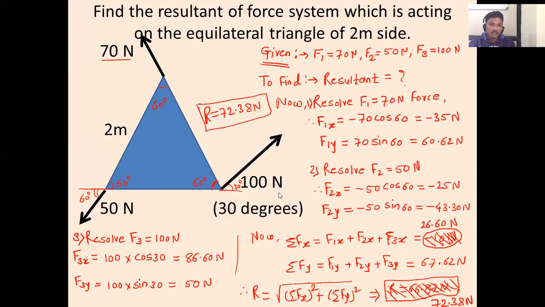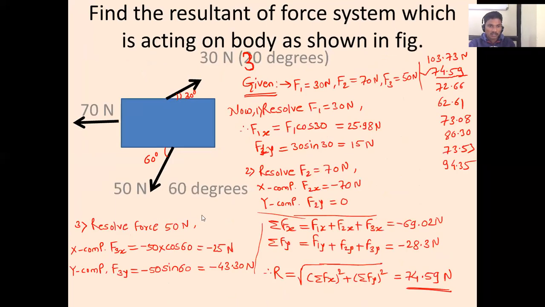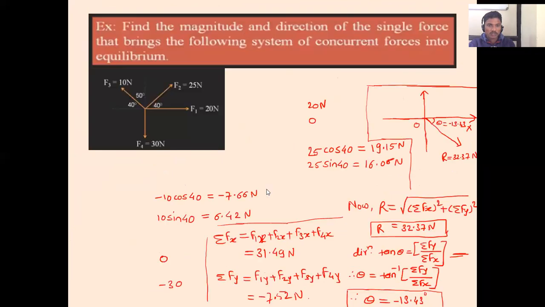This also we have solved. Here there were some corrections that we did. After that, this one we also solved. 74.59 was the answer. Which type of forces were given in this? It's actually only half the part that remains on the slide. What is the type of forces?